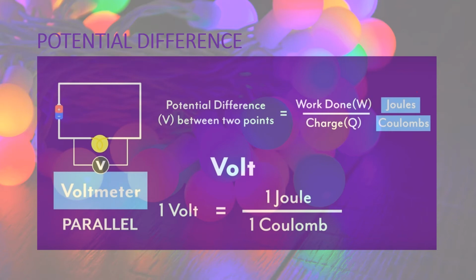The SI unit of work is joule and SI unit of charge is coulomb. So 1 volt can be defined as 1 joule by 1 coulomb. Potential difference can be measured with the help of a voltmeter. Voltmeter is always connected in parallel in a circuit.